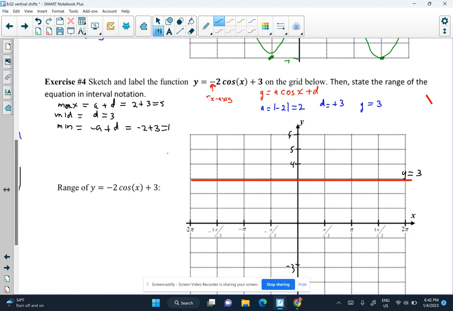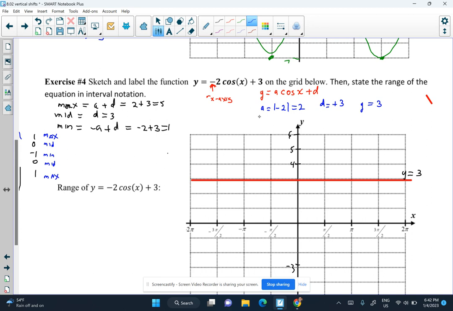Okay, next. Now, normally cosine would be 1, 0, -1, 0, 1 if you're pulling the numbers off from the unit circle. So it would be max, mid, min, mid, max.